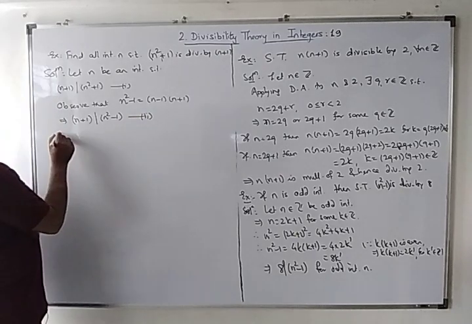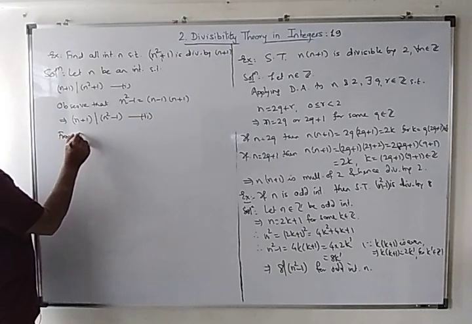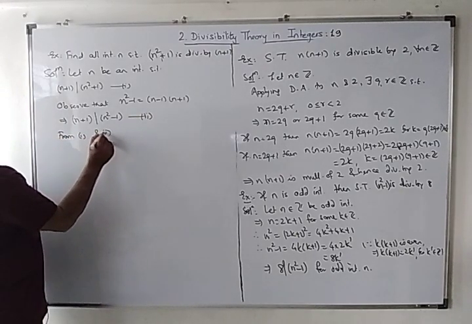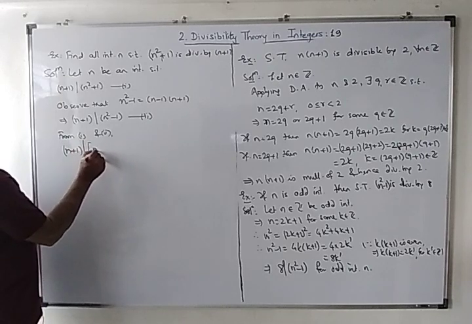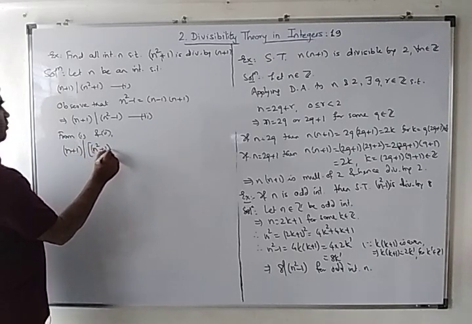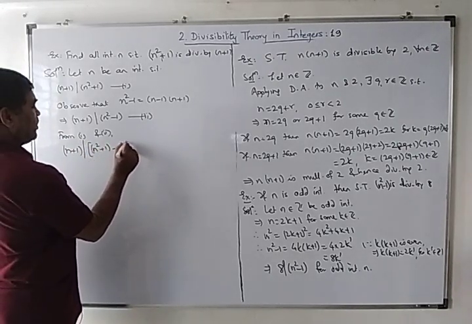From 1 and 2, n plus 1 divides n square plus 1 minus n square minus 1.